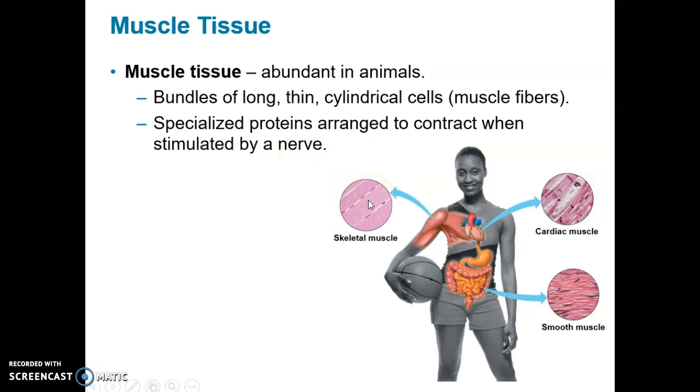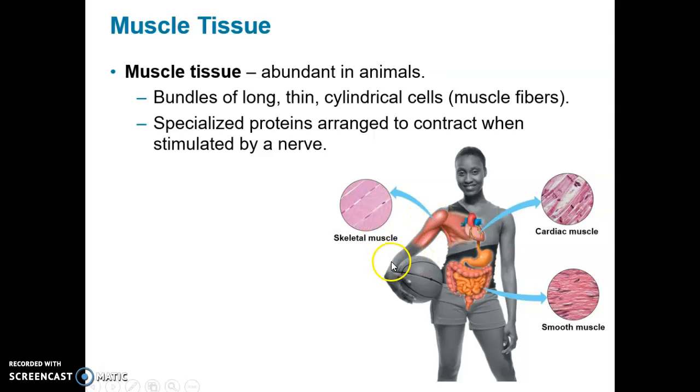So the proteins within the muscle cells slide past each other so the muscle cells contract. And because of that, the entire muscle will be able to contract.